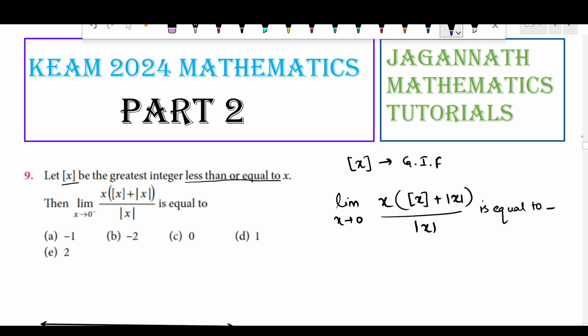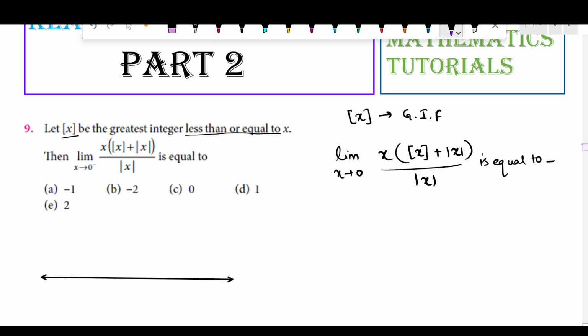See, you draw a number line and then see, here is your 0. Now x tending to 0 minus means from the left hand side, from the left hand limit, this will be LHL.